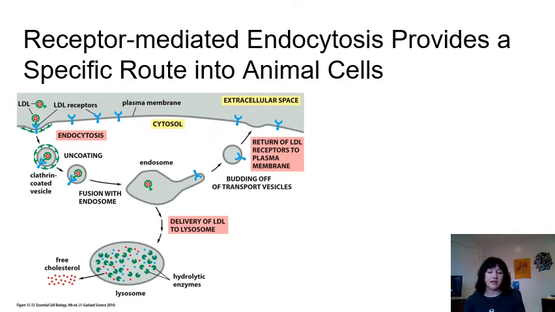Now, we talked about pinocytosis as being non-specific, right? Now, the most specific method of endocytosis, or another specific method in addition to phagocytosis, is receptor-mediated endocytosis, right? And this should look kind of familiar at the beginning.